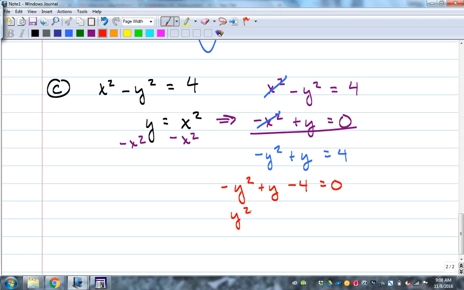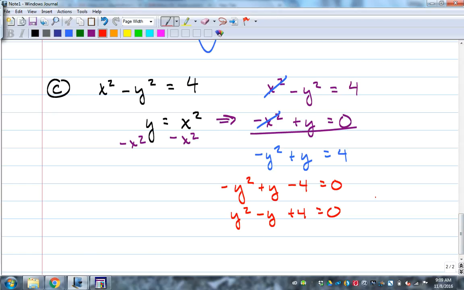I'm going to flip that to this. Why is that legal? Because I changed all the signs. That way I don't have a -a. It doesn't really change the answers to that at all. It just changes the numbers when I do my quadratic formula. Because that won't factor, right?